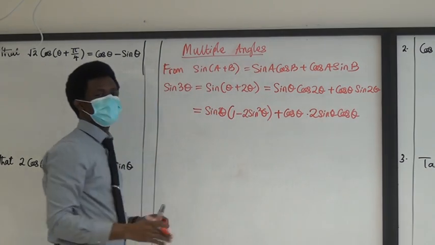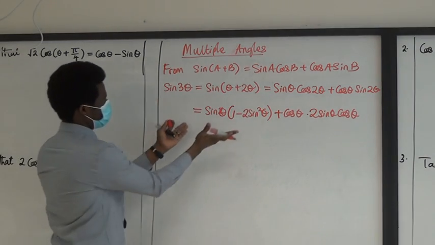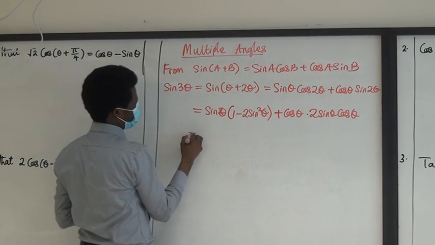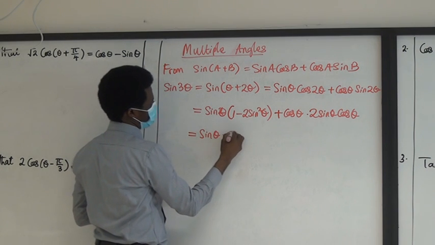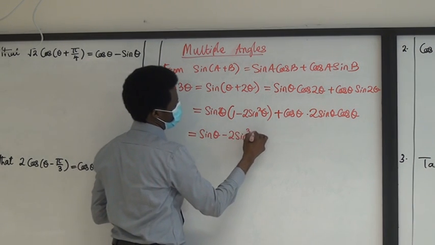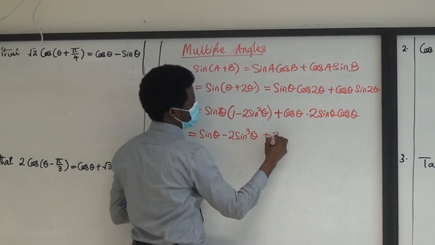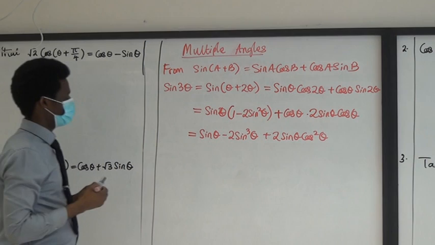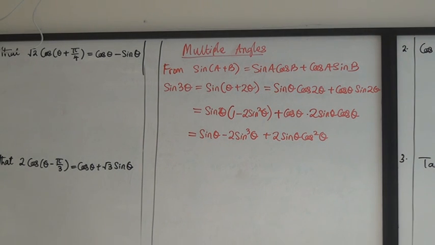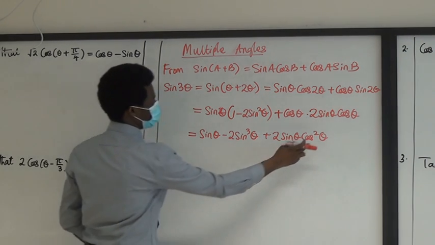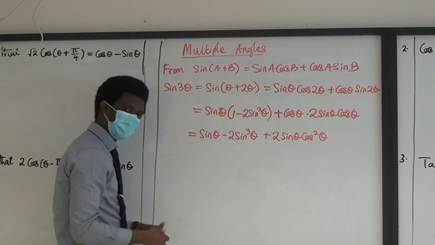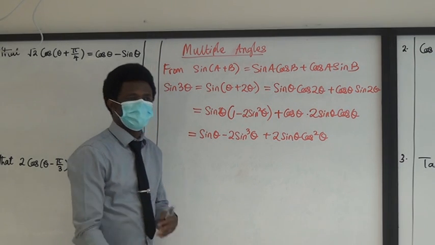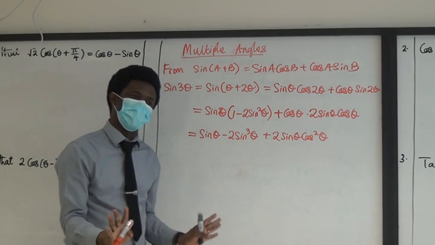The goal is to express this in terms of sine only. So we don't have a problem with this part, but we still have a problem with this part. If you open the brackets, sine theta minus 2 sine cube theta. What is this? 2 sine theta cos squared theta. I still have some problems. Change cos squared theta to what? 1 minus sine squared. So this is not just about the identity you are doing right now. You are applying everything you know so far.